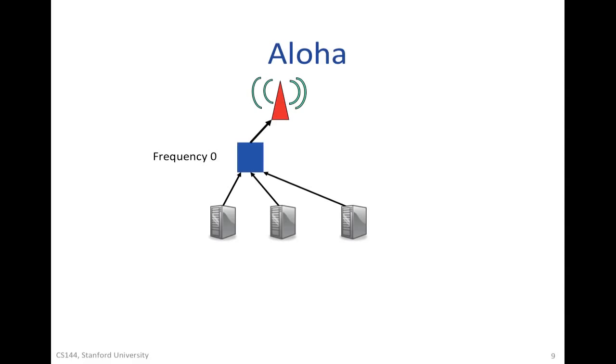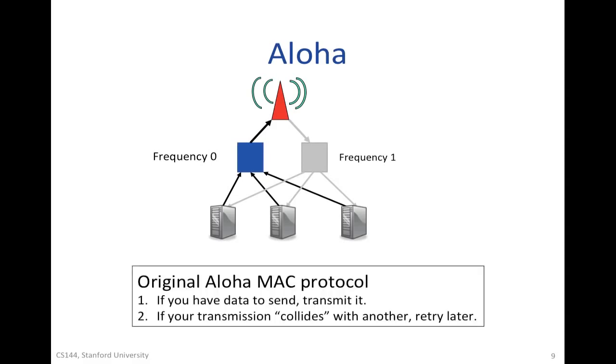And then the packet data would be retransmitted out over frequency 1, a separate frequency, so essentially a separate orthogonal channel, that would then be repeated to all end hosts. So we need a way to decide who can send when. And for this, we need a protocol that everybody agrees upon so that the system will work correctly. The first Aloha network used the Aloha MAC protocol, which is very simple.